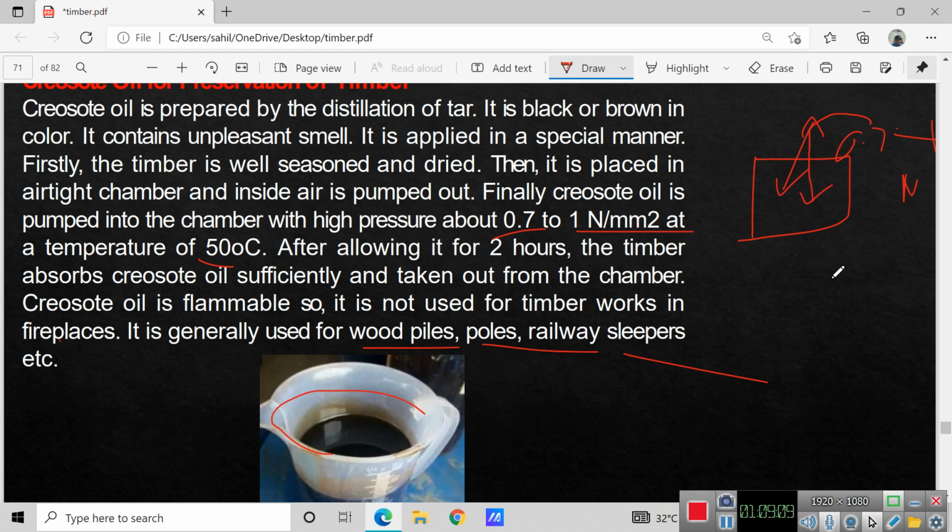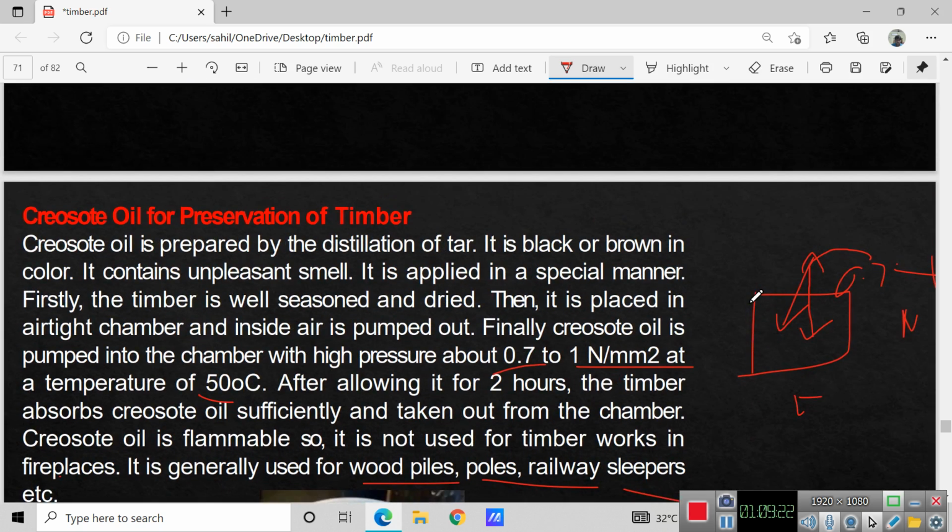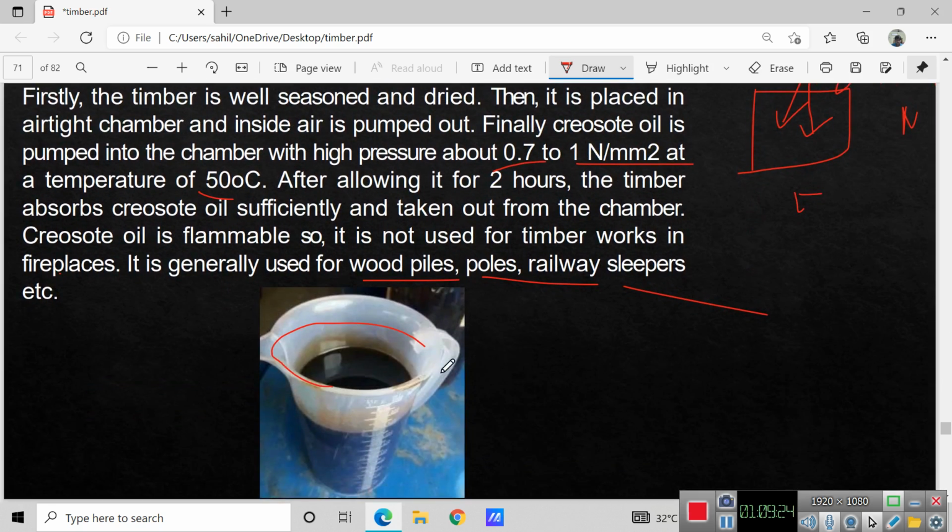After keeping it still for 2 hours, the timber absorbs all the creosote oil sufficiently, and after that the timber is taken out and it is ready. The process of preservation of timber with the help of creosote oil is completed after that.